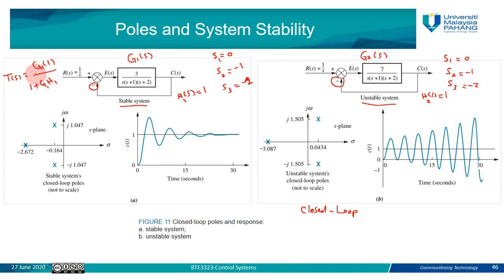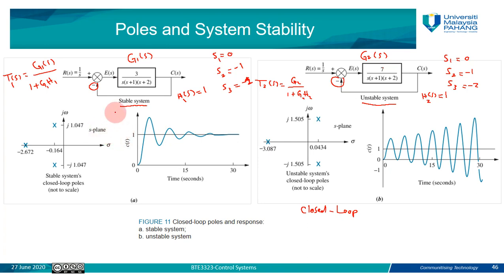You solve this to find T1(s), and do the same to find T2(s). T2(s) equals G2 over 1 plus G2H2. Just simplify like we did in chapter 3. When you find the feedback transfer function, for sure you are going to find different roots, or different poles.